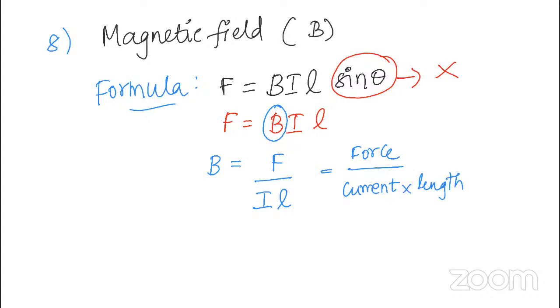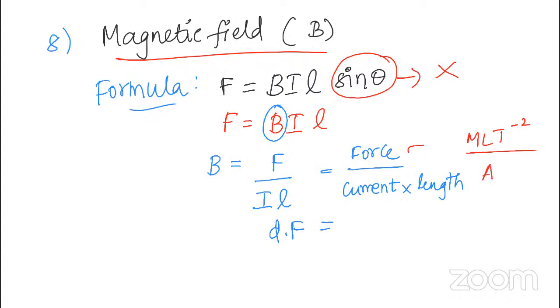Now tell me the dimensional formula for this. For force, it is M L T power minus 2, divided by, for current, it is ampere, that is A, and for length, it is L. Here L and L cancel.